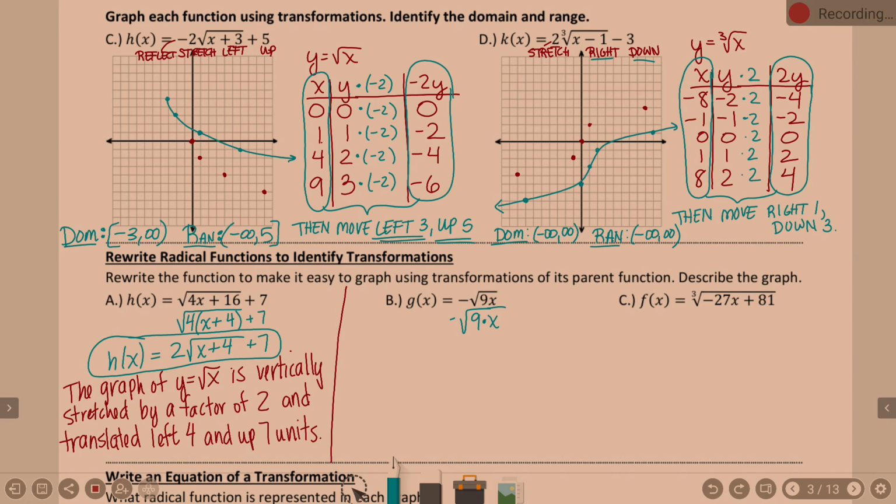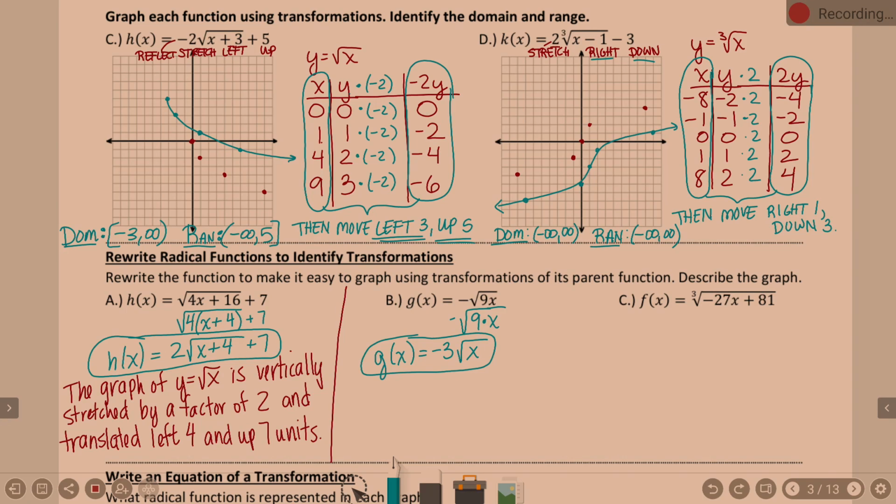What is the square root of 9? 3, and where's that go? Outside. So what am I going to rewrite this as? Negative 3 times the square root of x. Okay, that one, maybe I should have started with that one. That one was a little more obvious, wasn't it?